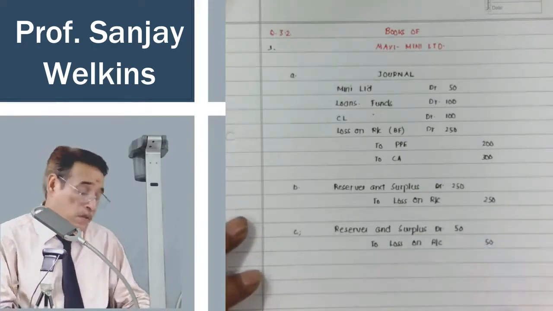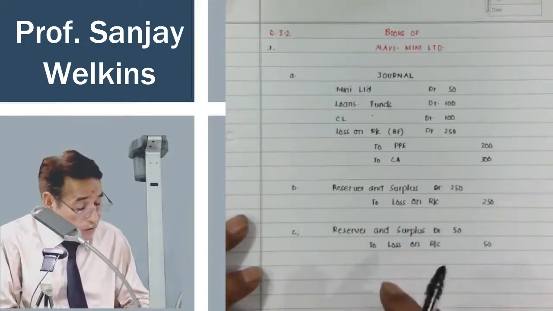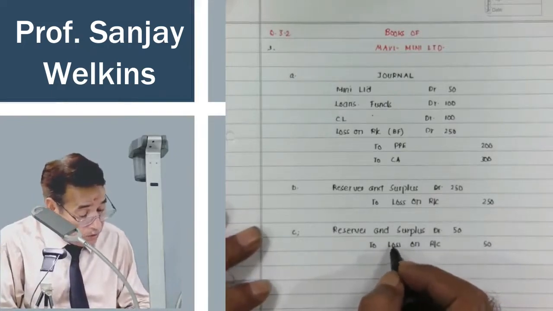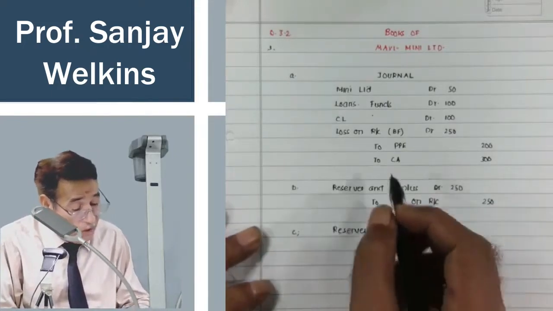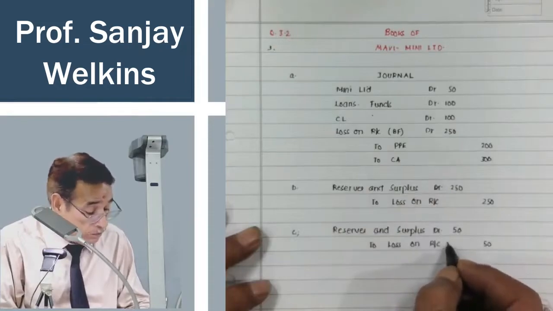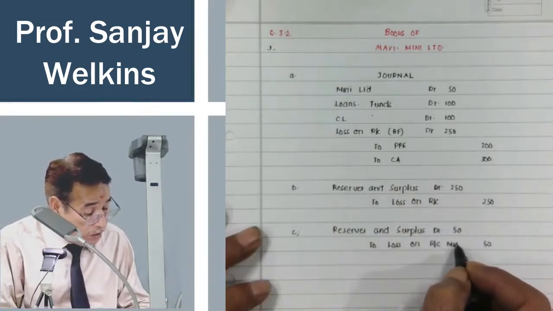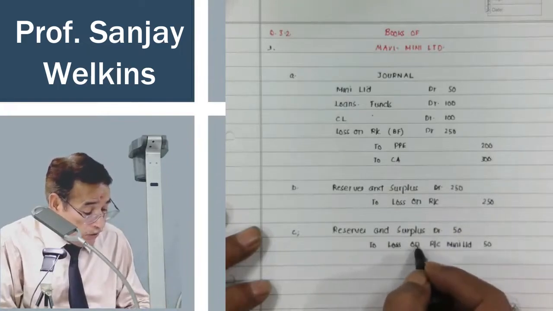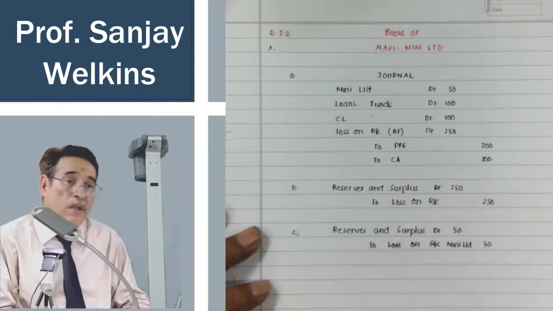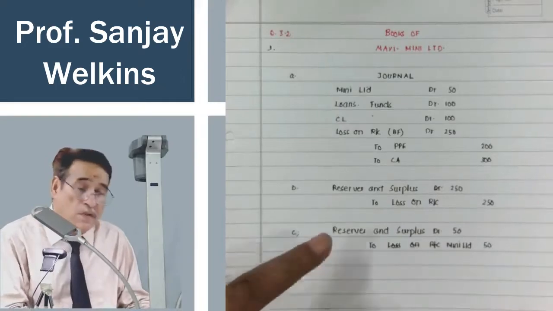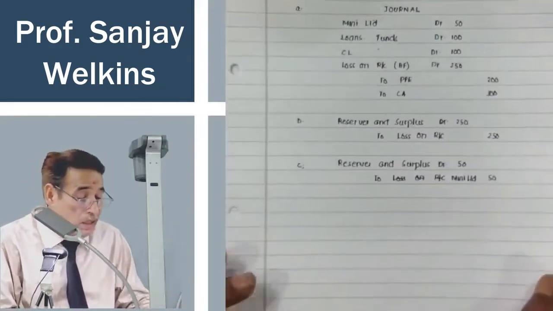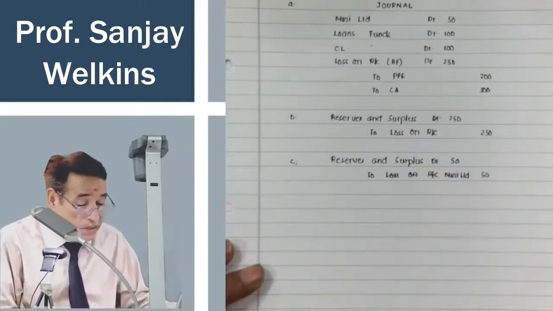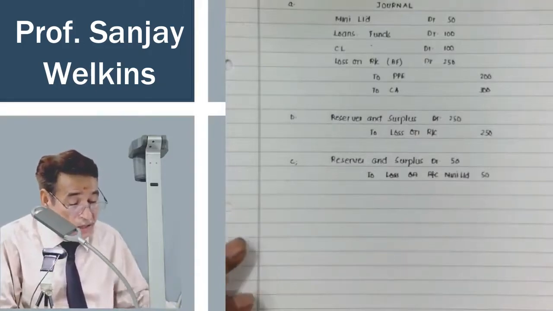Sorry, I have written here loss on reconstruction, extremely sorry. In fact, I will write here Mini Limited. Mini Limited will be credited, but we are not going to receive the amount, correct? That is why there is a loss. So as far as Maxi Mini Limited is concerned, you can see that these are the entries which we need to actually pass, correct?